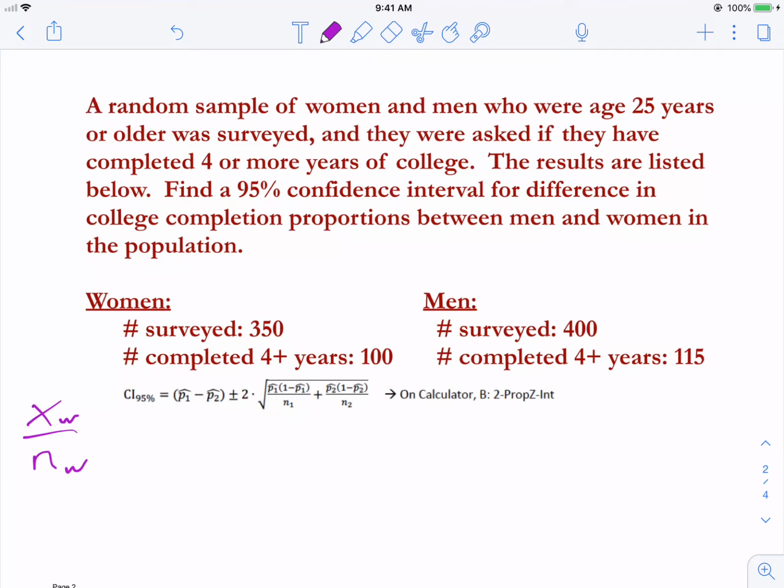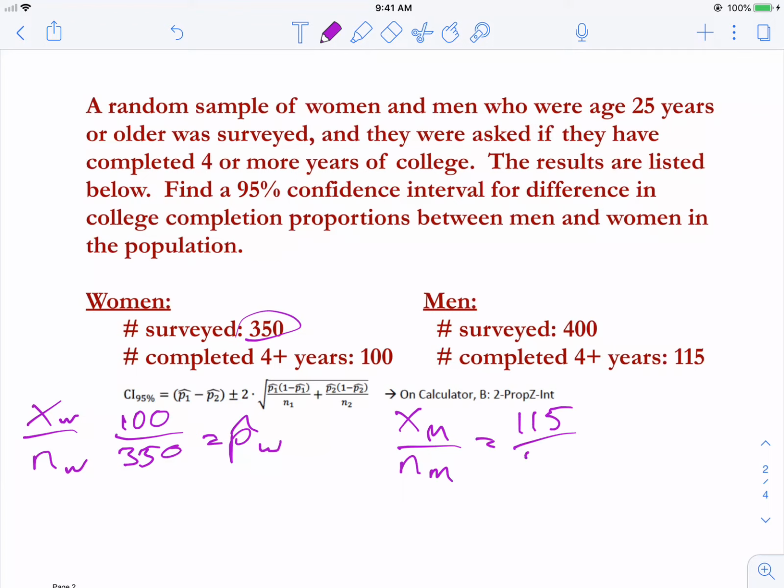For the women, we have a sample size of 350, and of those 350, 100 of them completed 4 or more years of college. So our p-hat calculation is going to look like 100 divided by 350, and that will be our p-hat for the women. For the men, we have x over n, so x_m and n_m. We have 115 out of a sample size of 400.